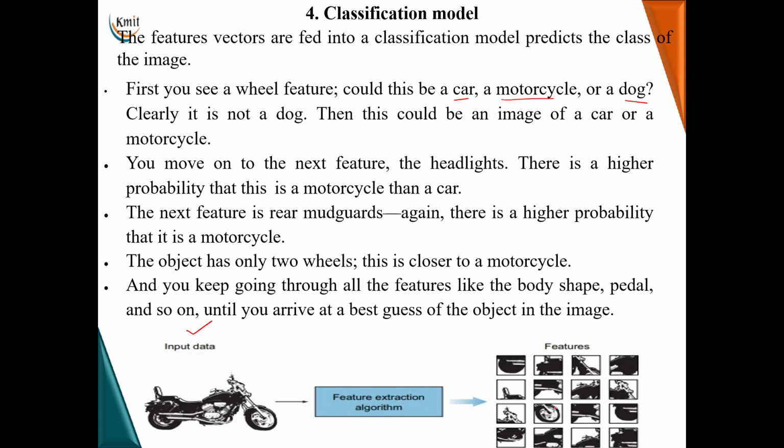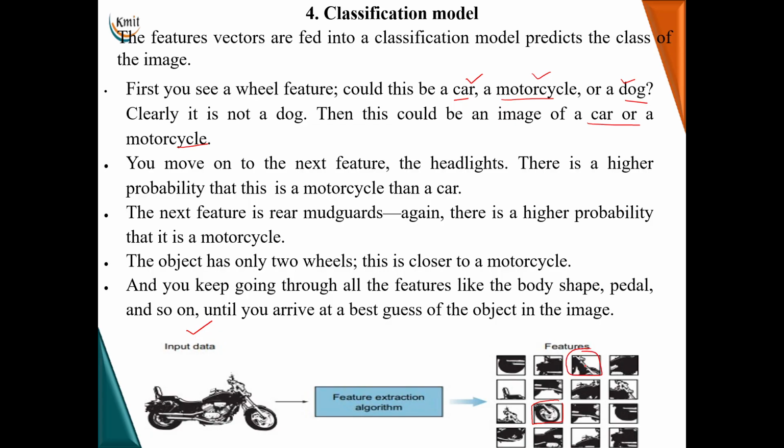So first let us consider the feature as wheel. Based on this feature, the machine will try to predict whether it belongs to either of these 3 labels: car, motorcycle and dog. Clearly this feature indicates that it is not a dog, so it could be an image of a car or a motorcycle. Next, it will move on to the next feature, for example headlights.